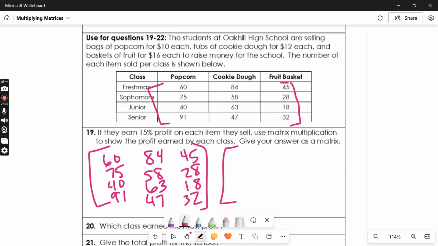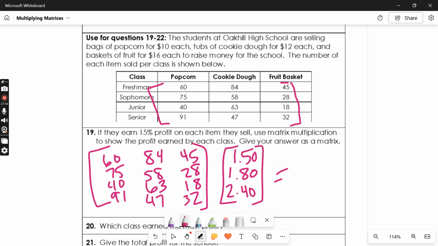That would be 0.15 of what we're selling them for. So 0.15 times 10 is going to be 1.5. 0.15 times 12 is going to be 1.8. And you can put the 0 because it's money. And then 0.15 times 16, which is 2.40.